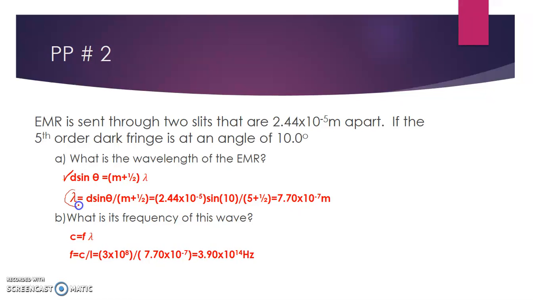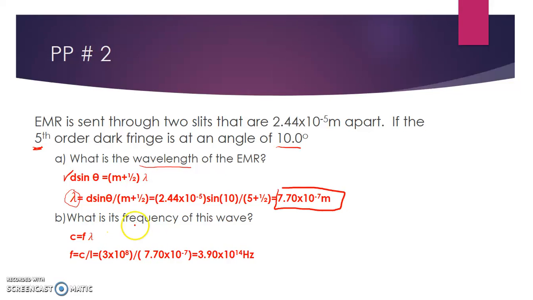Rewrite it for solving for wavelength, because that's what the problem is asking. Then plug in what we know. The distance is 2.44 × 10^-5, times sine of 10, which is the angle given to us, divided by 5 plus 1/2, because it's the fifth order, equals 7.70 × 10^-7 meters.